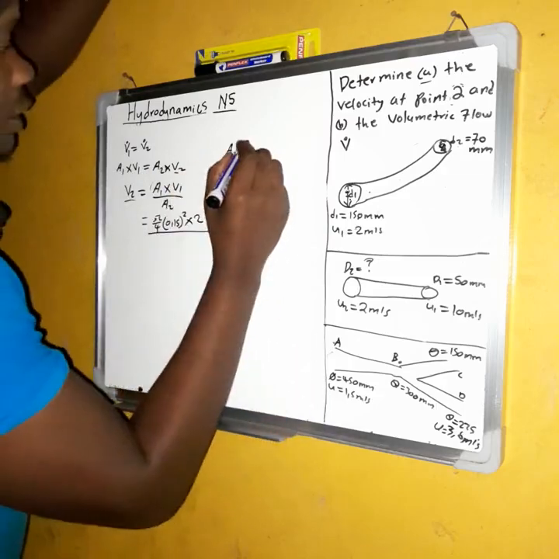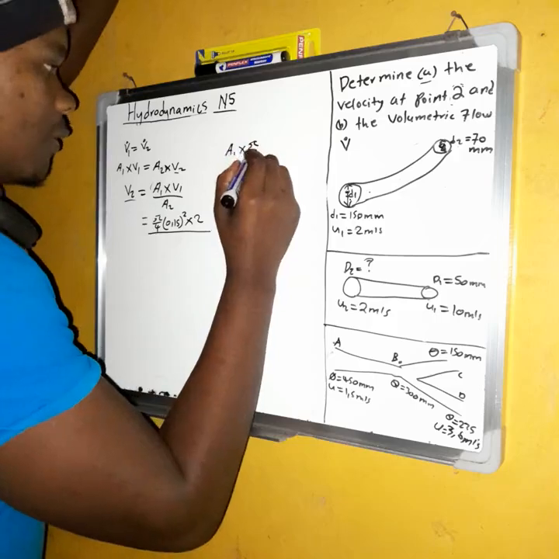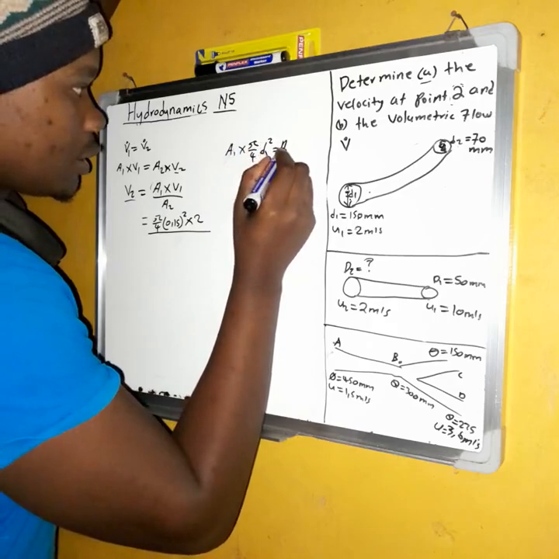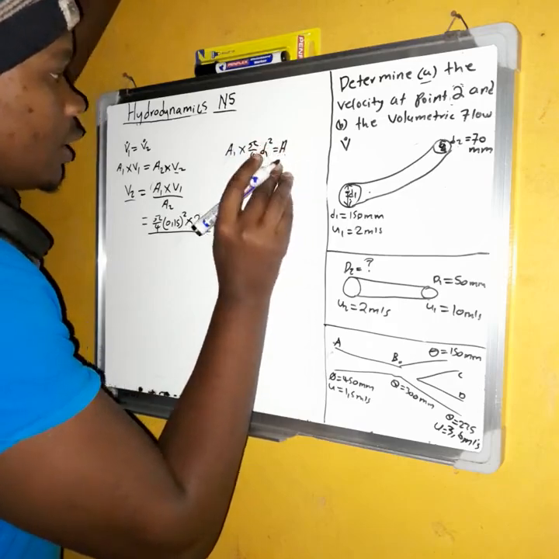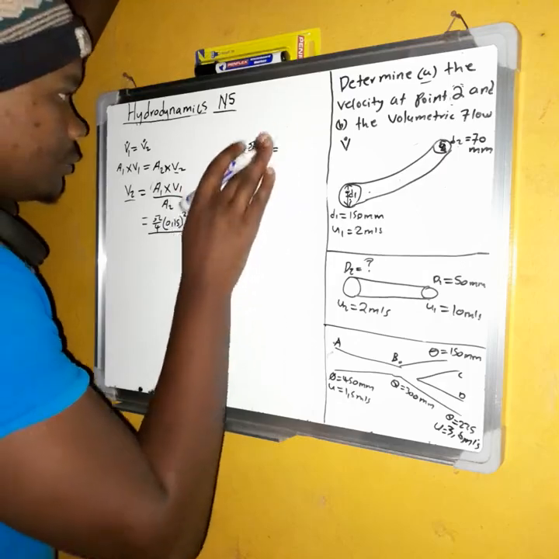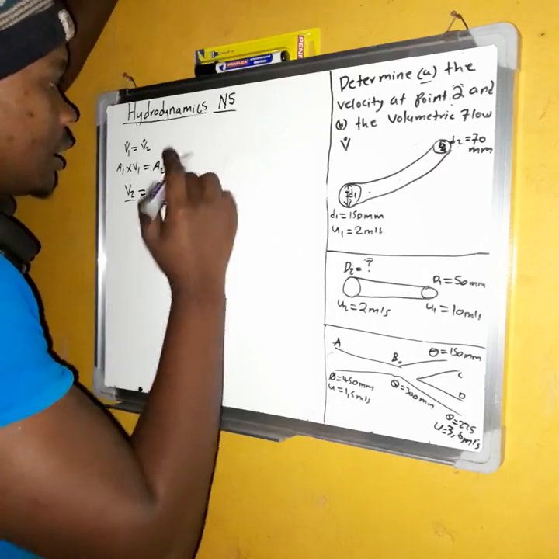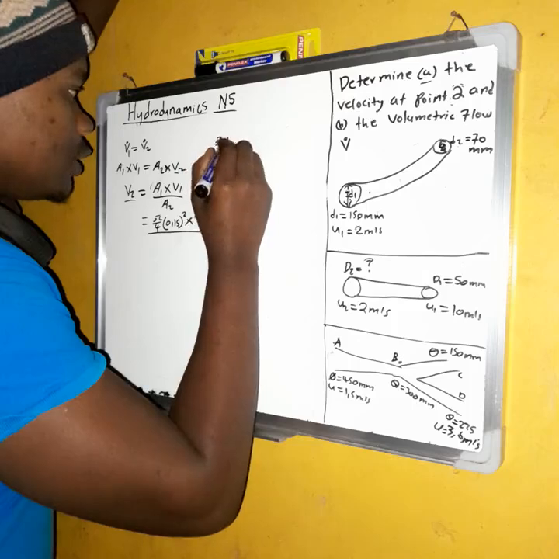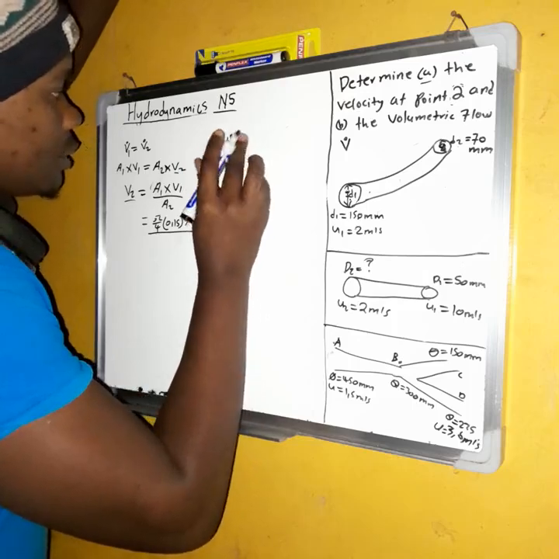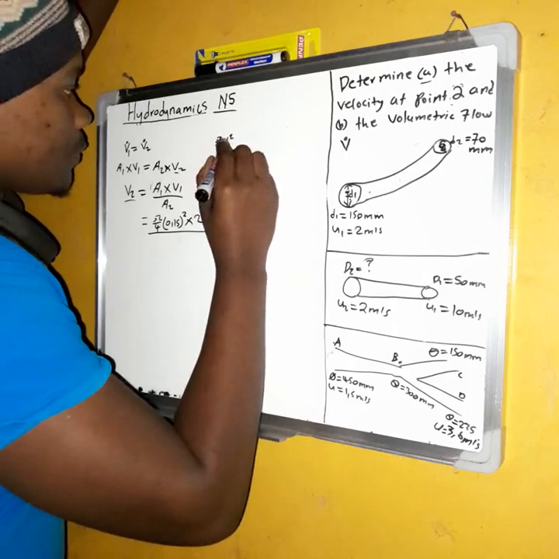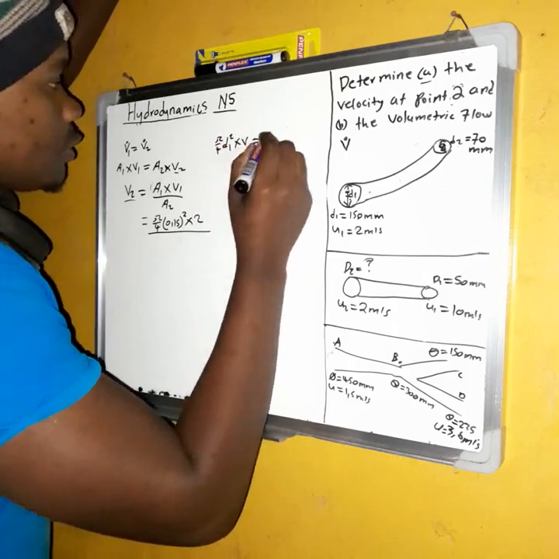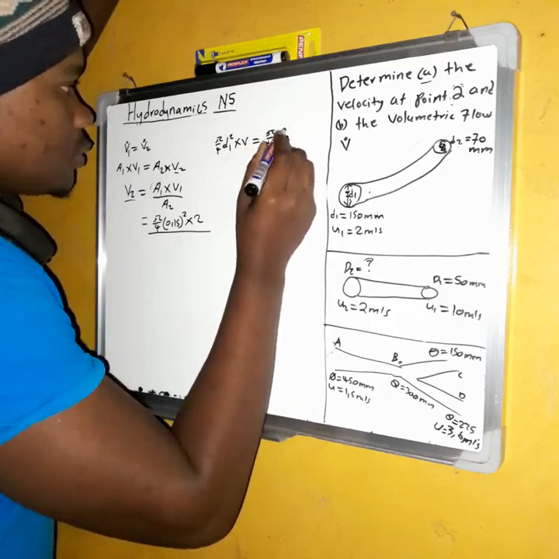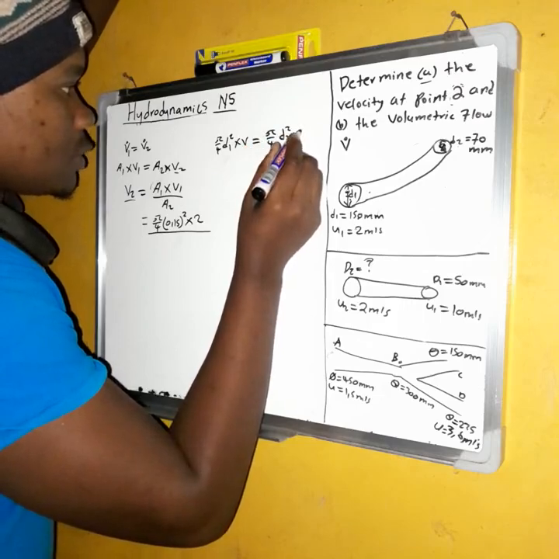Area is pi over 4 multiplied by d1 squared, multiplied by the velocity, and this will be equal to pi over 4 d2 squared multiplied by the velocity 2.